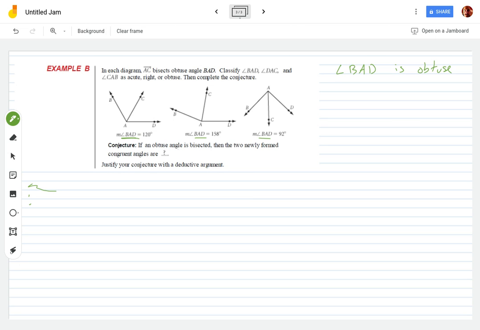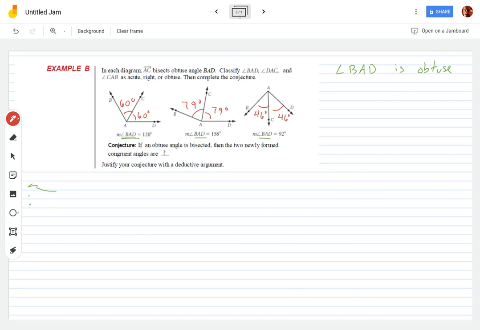So this one is going to be 60 degrees, and so is this one. So that's acute. Okay, 158 divided by 2, 150 divided by 2 is 75, plus 4 more is 79 degrees, and this one is 79 degrees. That's also acute. And then for 92, half of 92 is 46. So this is 46 degrees, 46 degrees.